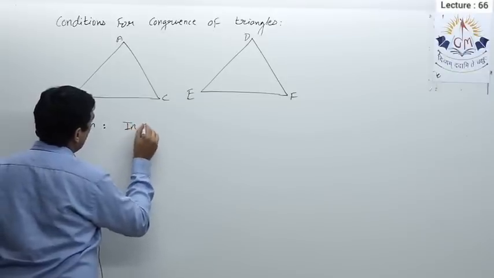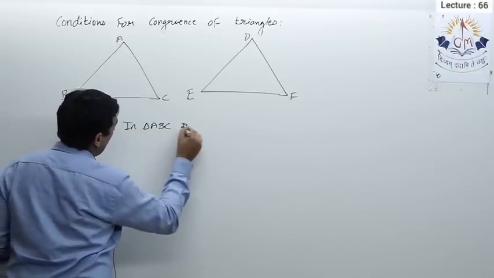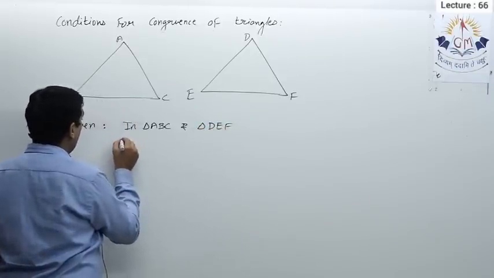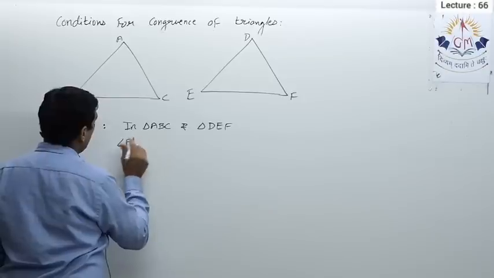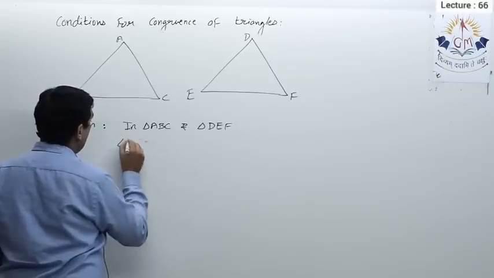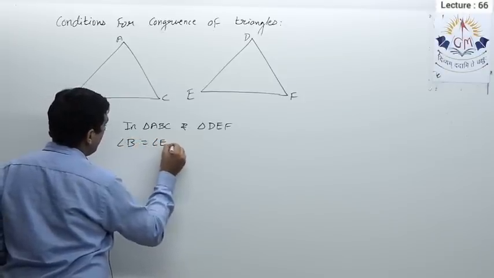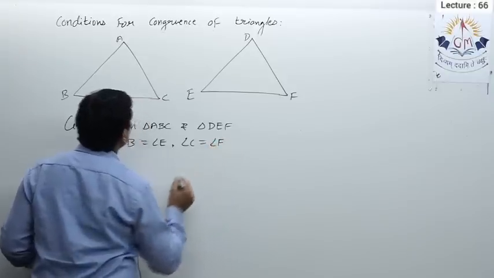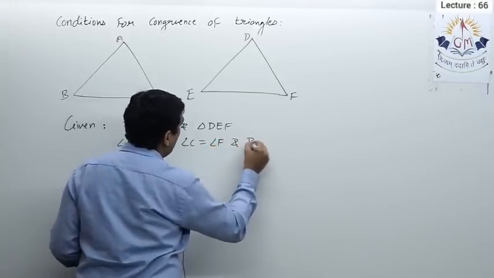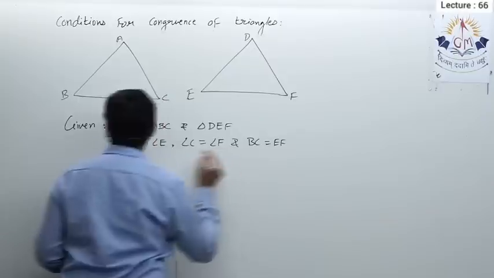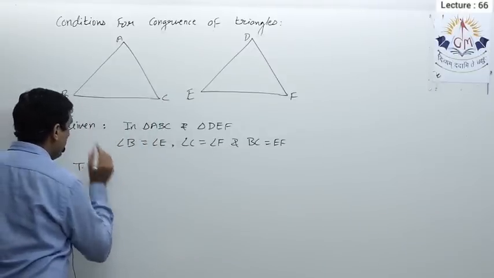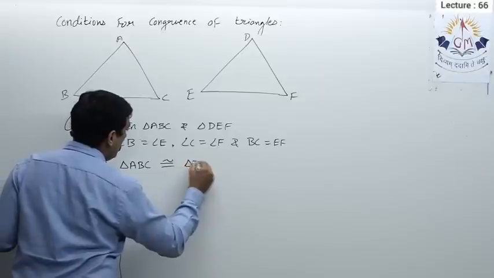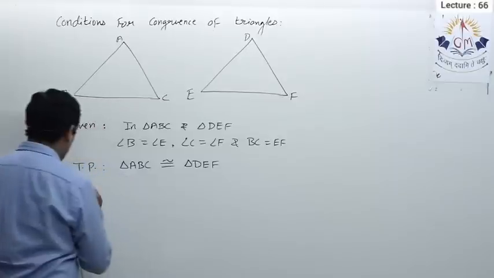In triangle ABC and triangle DEF, we are given angle A is equal to angle D, angle B is equal to angle E, angle C is equal to angle F, and BC is equal to EF. To prove: triangle ABC is congruent to triangle DEF, that we have to prove.